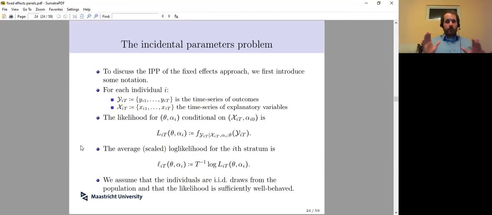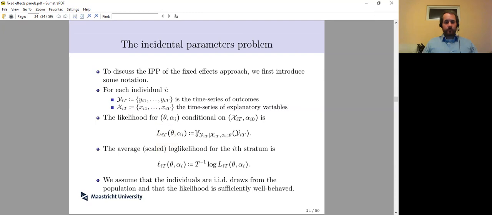Now, before we discuss the incidental parameters problem in the famous Neyman-Scott model, let's introduce a little bit of notation. Well, this Y_i^T is simply the whole time series of the outcomes, and X_i^T is the time series of the explanatory variables. And what we assume is that we know the density.